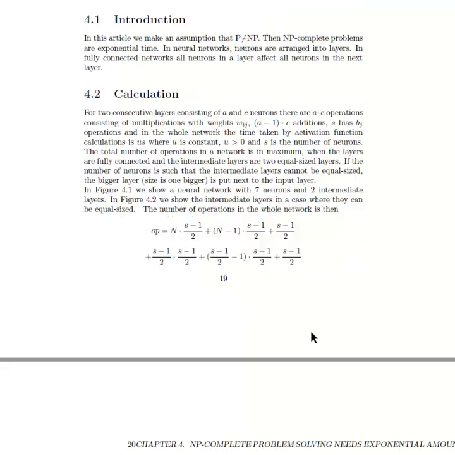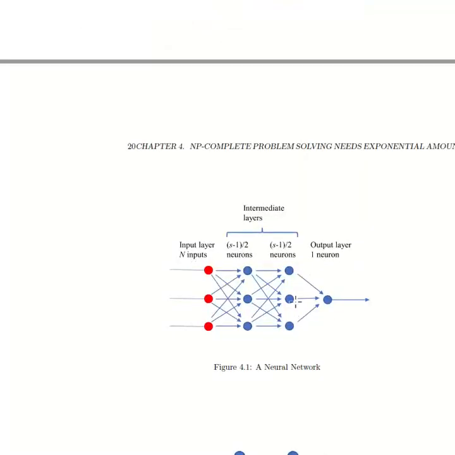And if these are the layers and these the neurons, how many S neurons are in this neural network, there is a maximum number of calculation operations when these neurons are put as equal-sized layers in the two intermediate layers.